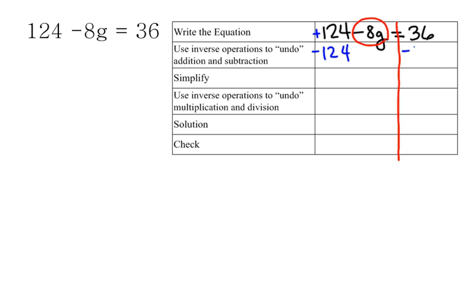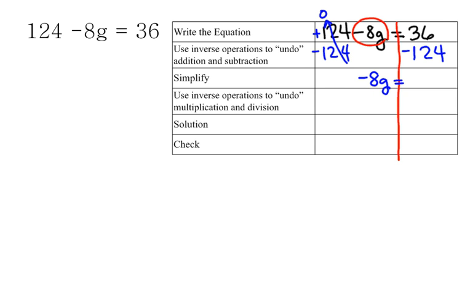And what I do on one side, I do to the other. Please show that this becomes 0. This is a 0 pair. And I'm going to bring straight down negative 8g equals. These have different signs, so I will subtract. I need to do 124 take away 36.